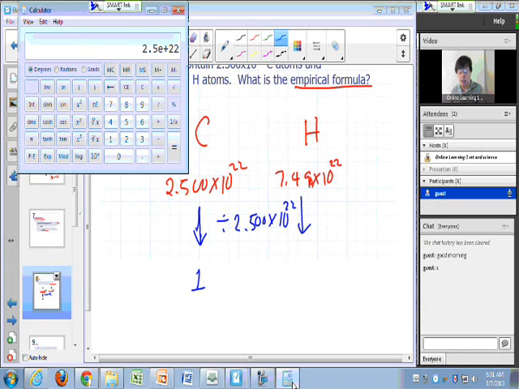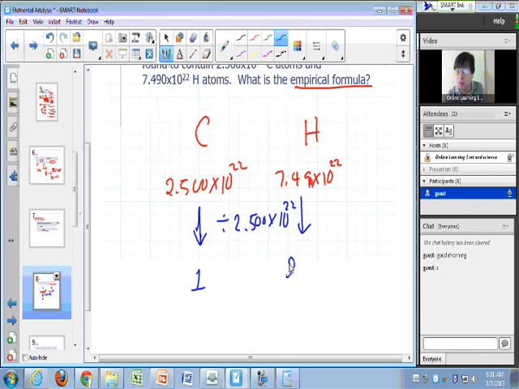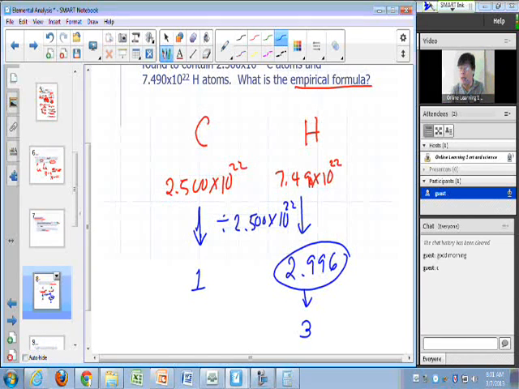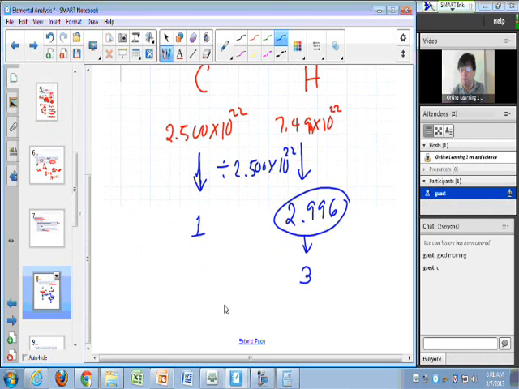And the other one is 7.490 divided by 2.5, and the 10 to the 22nd will just cancel out. I'll get 2.996. You can see this is very close to a whole number, so that's essentially a 3. So we say that our empirical formula here is CH3.